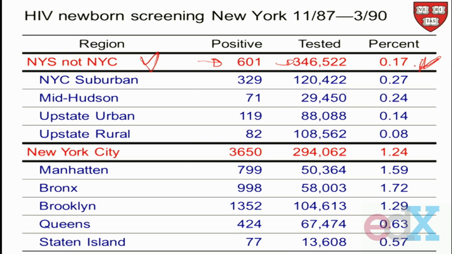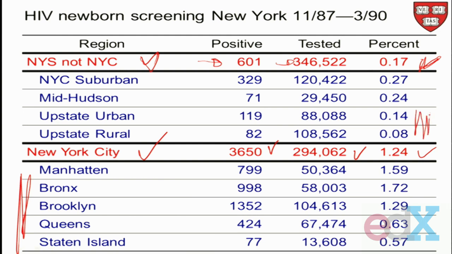In New York City itself, these are the 5 boroughs of New York City, there were 3,650 babies testing positive of the 294,062 births. So there the rate was 1.24%.